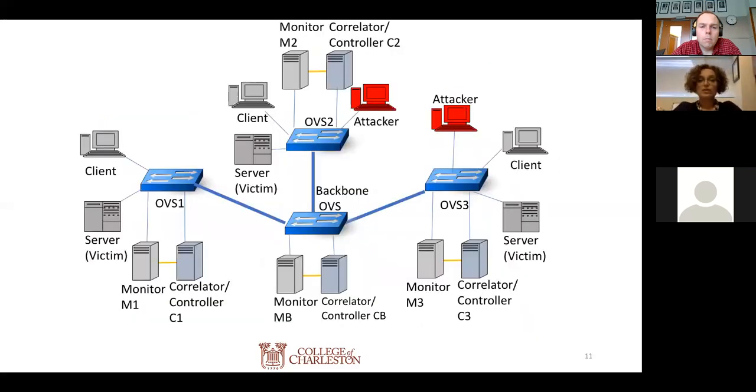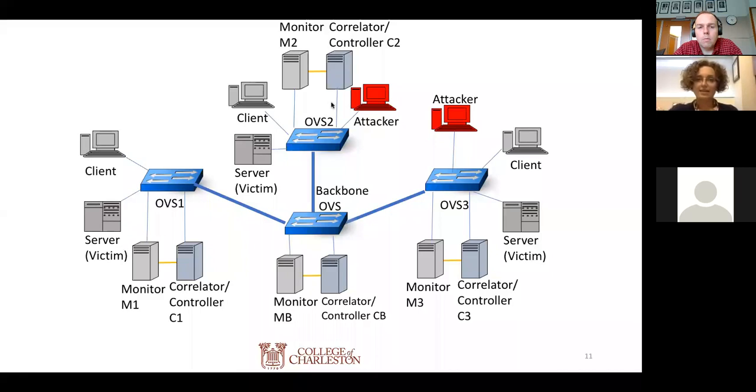Here I'm showing the actual topology that we used in our research. In my demo, I'm using only one OpenFlow virtual switch and very few nodes. But in our research, we had 30 hosts, three local networks. Each one had 10 hosts that we could use as attackers because we were doing distributed denial of service.